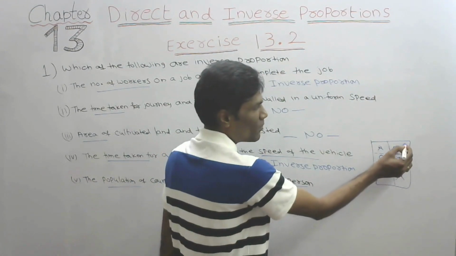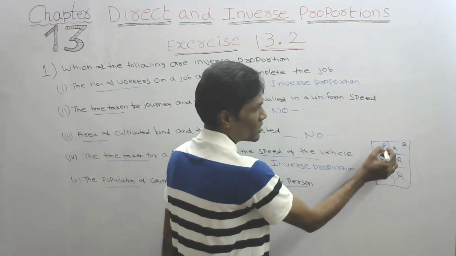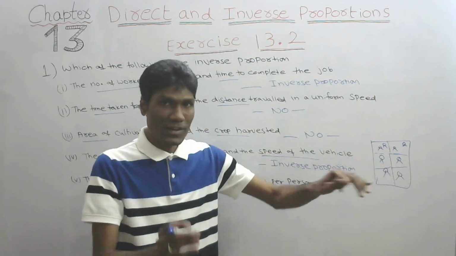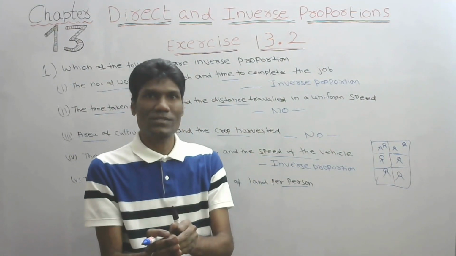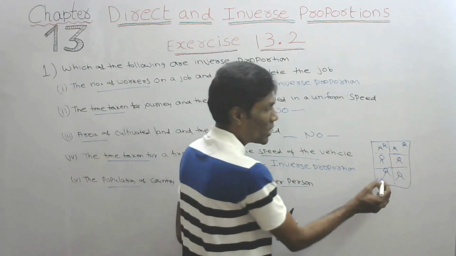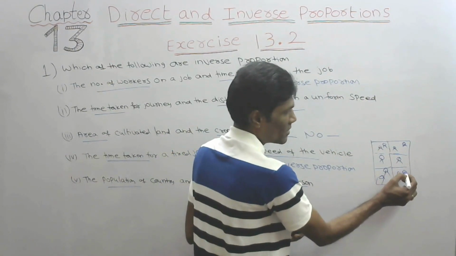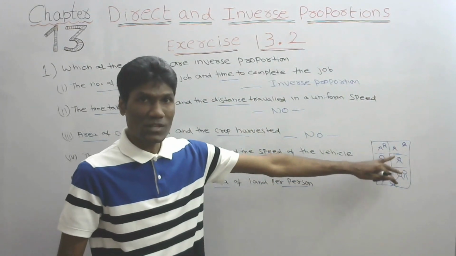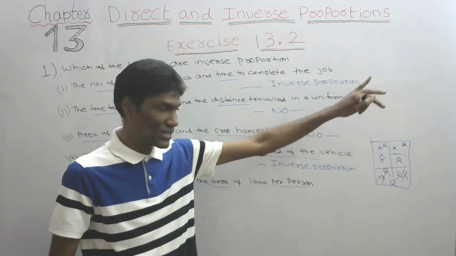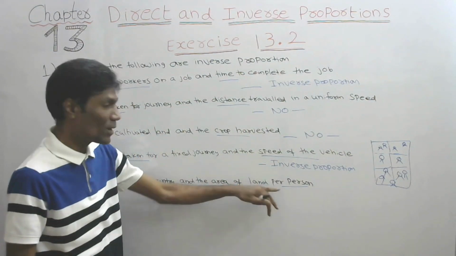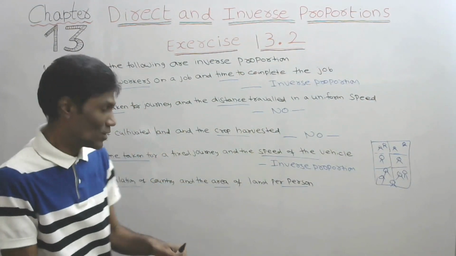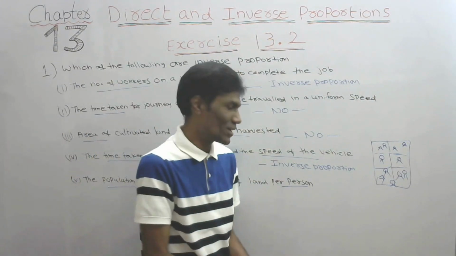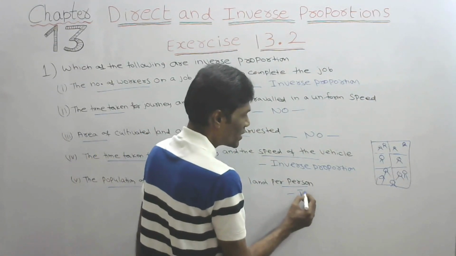Now, if the number of persons is increased, what is going to happen? The area for each person will decrease, isn't it? If the population is increased, then land per person will decrease. So if one quantity is increasing, the other quantity is decreasing. So it is in inverse proportion.